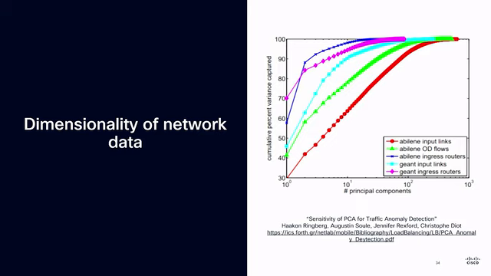So what they did, back in the day, I think this is work from 2007, they looked at Abilene back then, and they saw how many principal components, i.e. dimensions, do I need to capture, say, something like 98% of the energy.